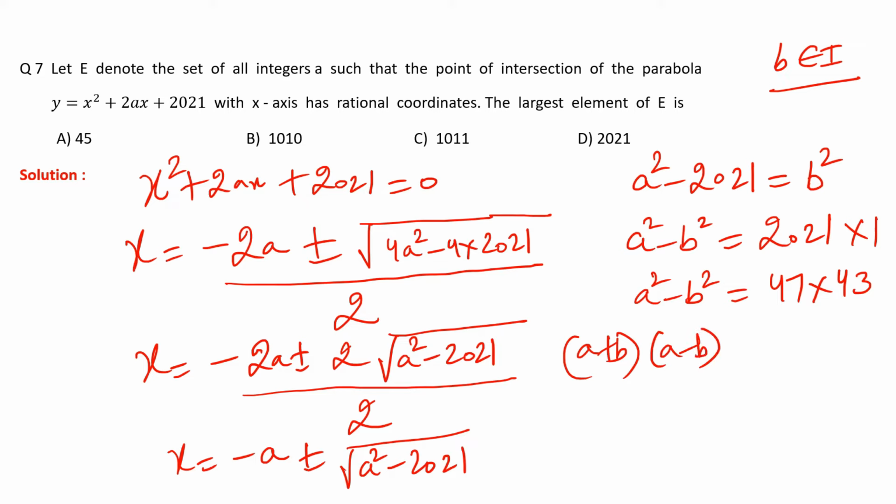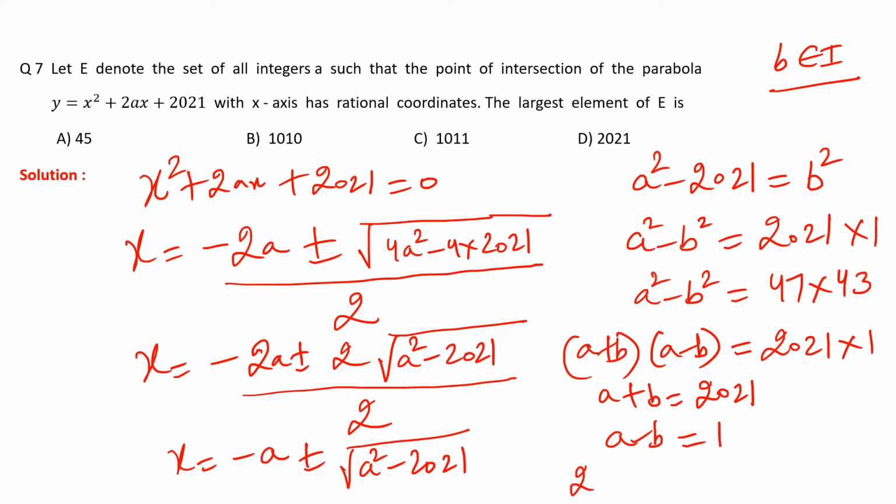Now since both a and b are integers, a plus b and a minus b will also be integers. So if I put a plus b into a minus b as 2021 into 1, I am discussing the first case, then from here we can easily write a plus b as 2021, because a plus b is going to be the bigger factor and a minus b is going to be the smaller factor. So it is going to be 1.